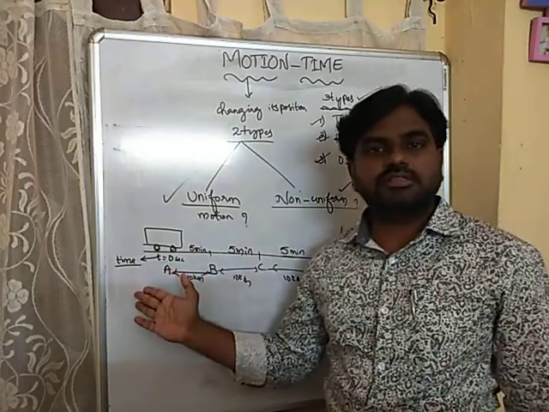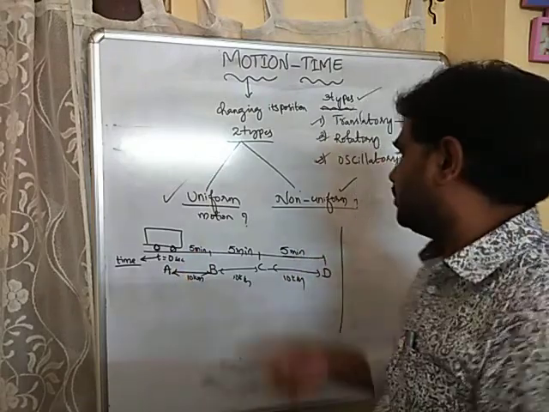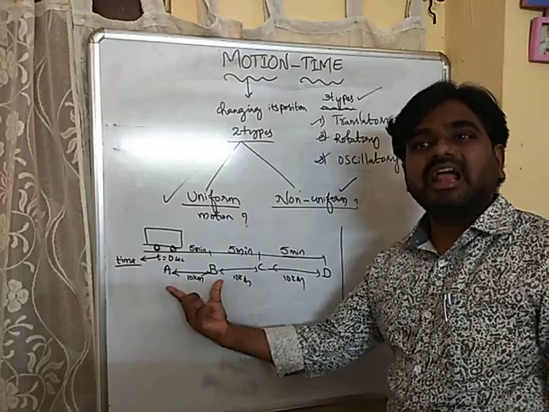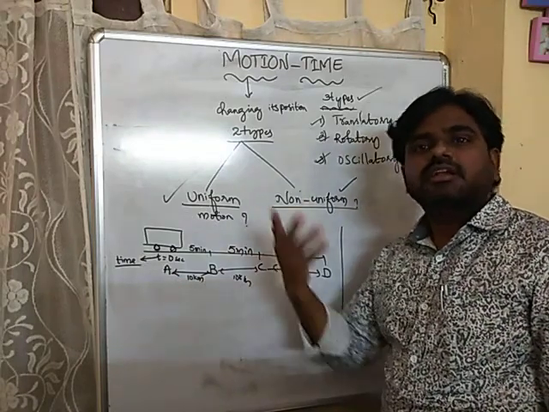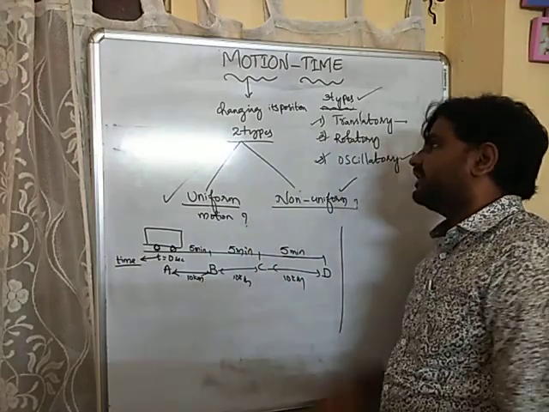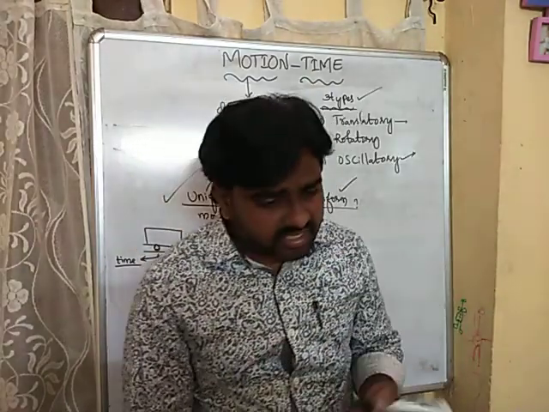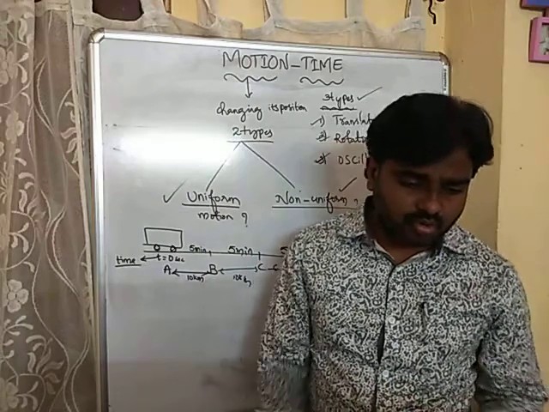Example is hands in your wall clock. And if the body covers unequal distances in an equal interval of time, then it is called non-uniform motion. That means the body is said to be in a non-uniform motion.